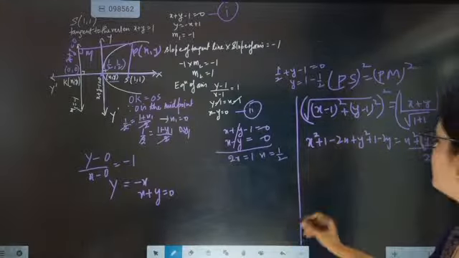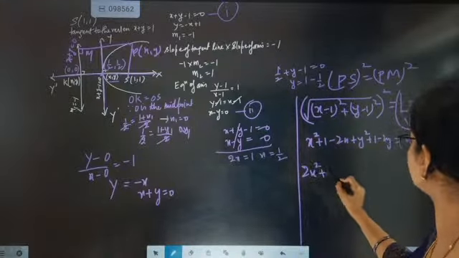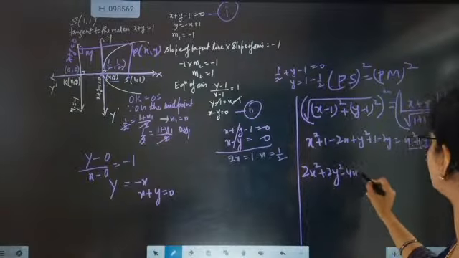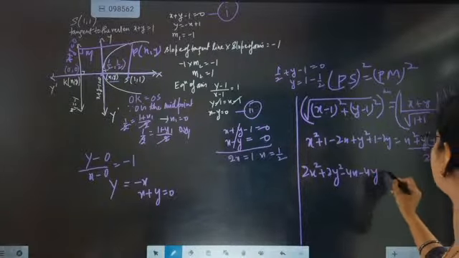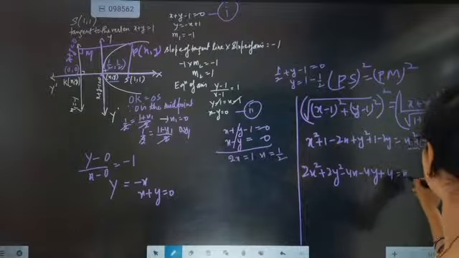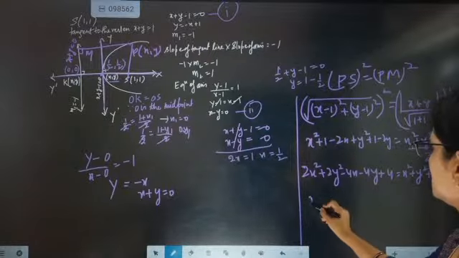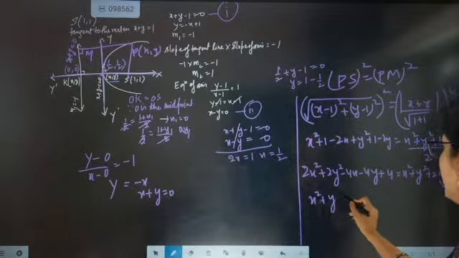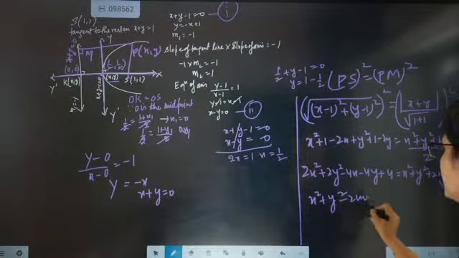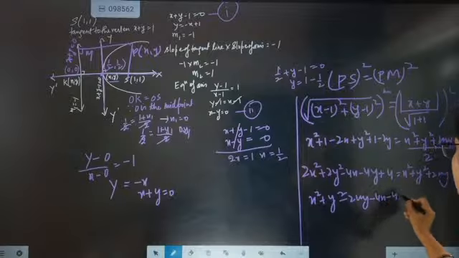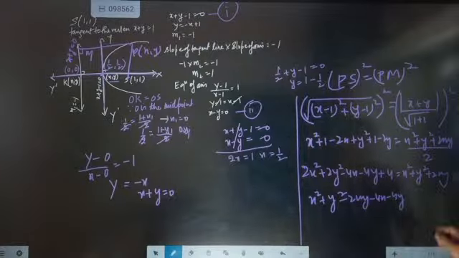Multiplying 2 to that side: 2x square plus 2y square minus 4x minus 4y plus 4 equals x square plus y square plus 2xy. So x square plus y square minus 2xy minus 4x minus 4y plus 4 equals 0.